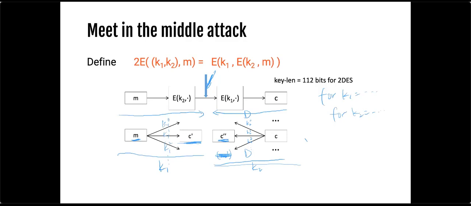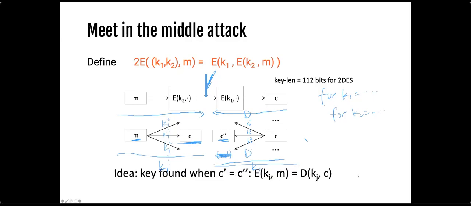I want you to think about this. Yes, you'd be looking for C prime equal to C prime prime. That's correct. Okay, so let me just continue the slide.